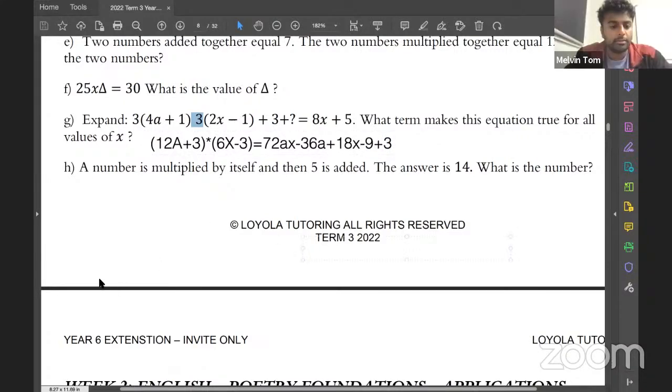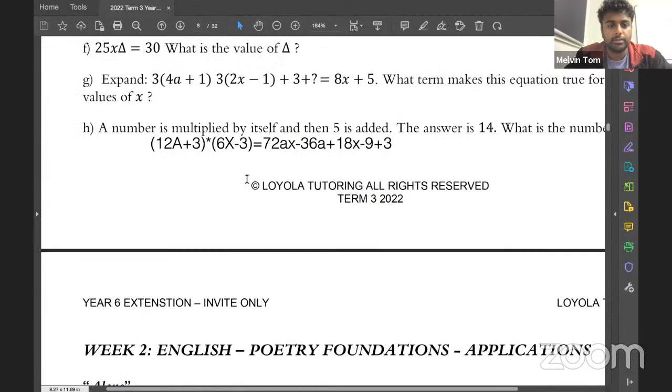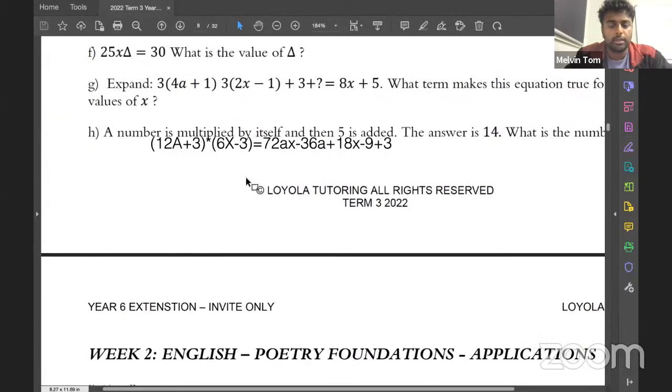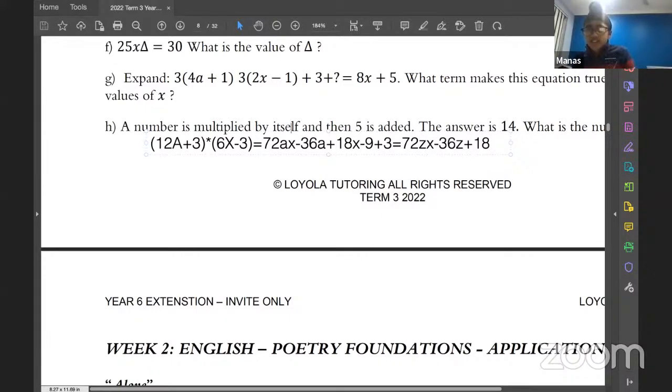Okay, one sec. Let me zoom in quickly. Okay, so I can simplify this as 72ax minus 36a plus 18x.